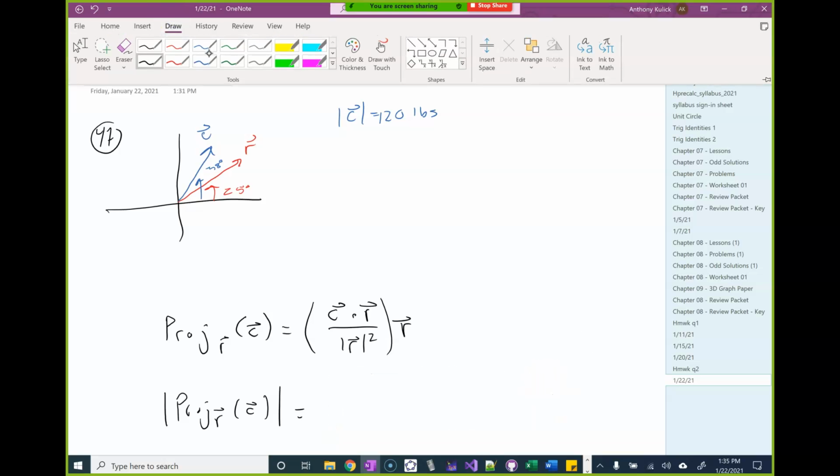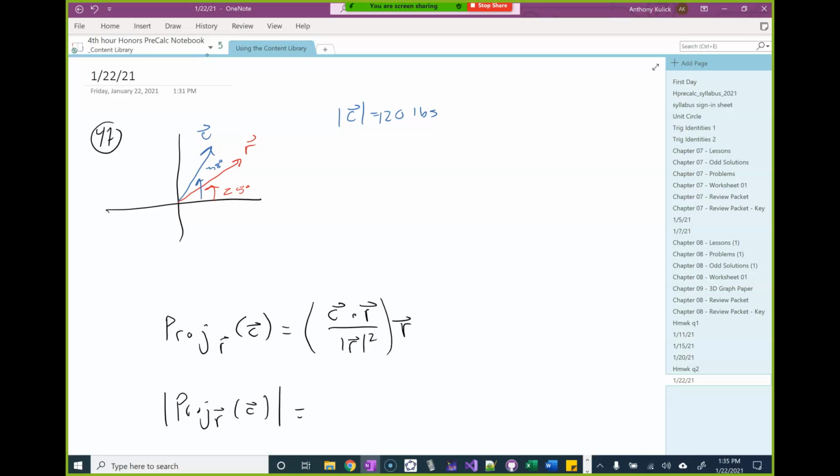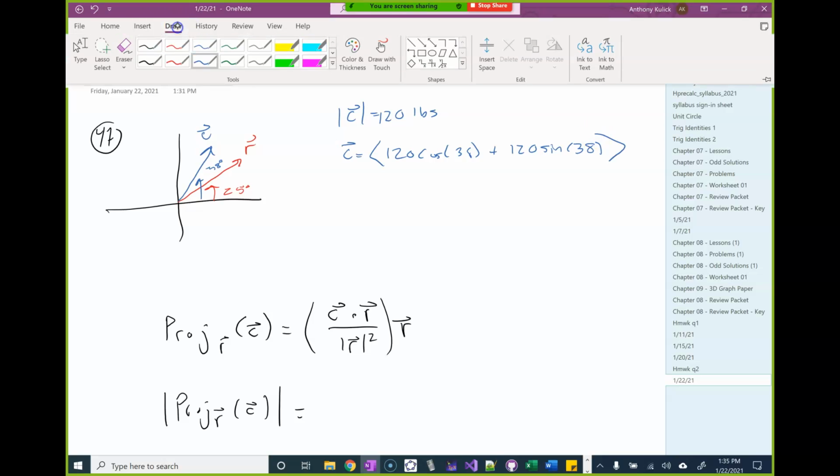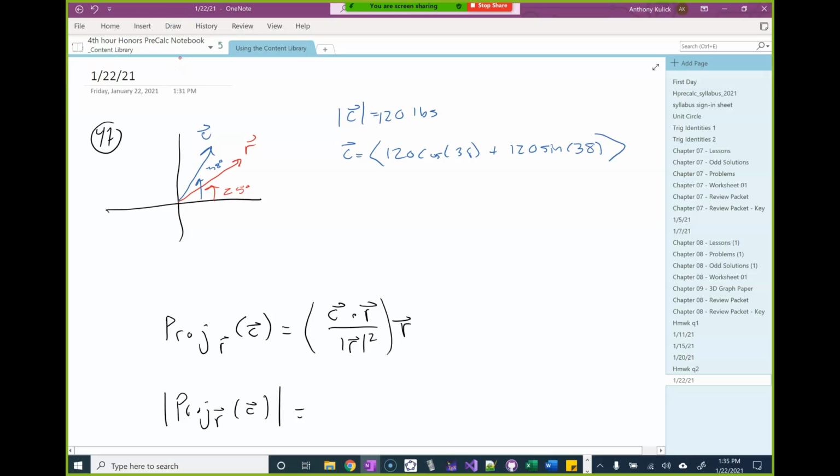So we have to resolve C and R into component form. C, it's pretty clear what to do there: it's just going to be 120 cosine 38 plus 120 sine 38. And for R, we're not told any information about how long this ramp is, so we're free to assume that R has magnitude 1. So R is just going to be cosine 25, sine 25.